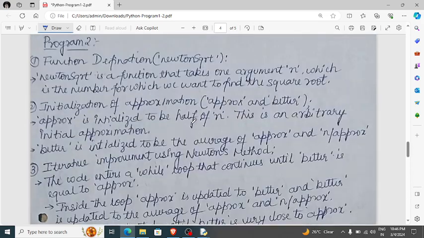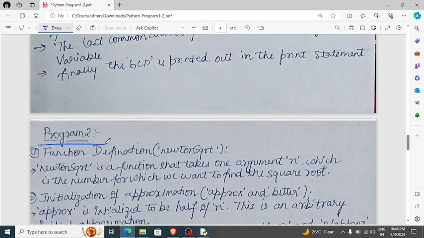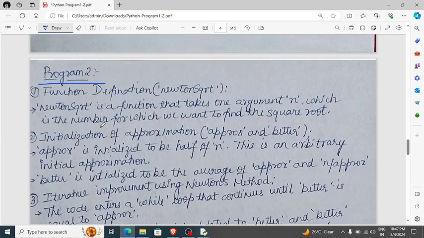Then if you see here in the second program, I have written instruction-wise comments for each of the commands that I've used. For example, Newton's square root is a function that takes one argument, that is one value of n, which is the number for which we want to find the square root.